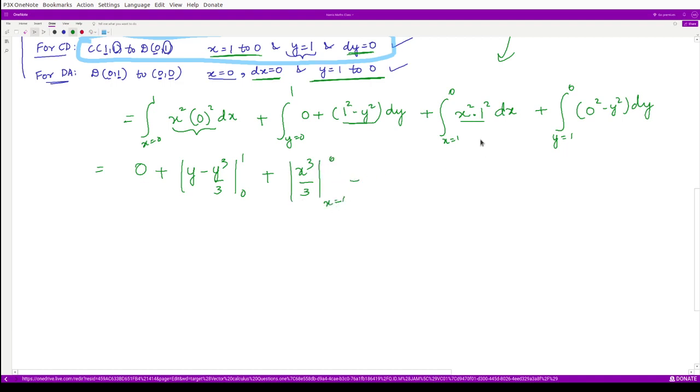And then in the last case we have minus y square, so its integration would be y cube by 3, and the limits of y vary from 1 to 0 here. So that would be equal to 1 minus 1 upon 3 plus 1 upon 3 minus 1 upon 3, right? So this term cancels with this term, so finally you have 2 upon 3.